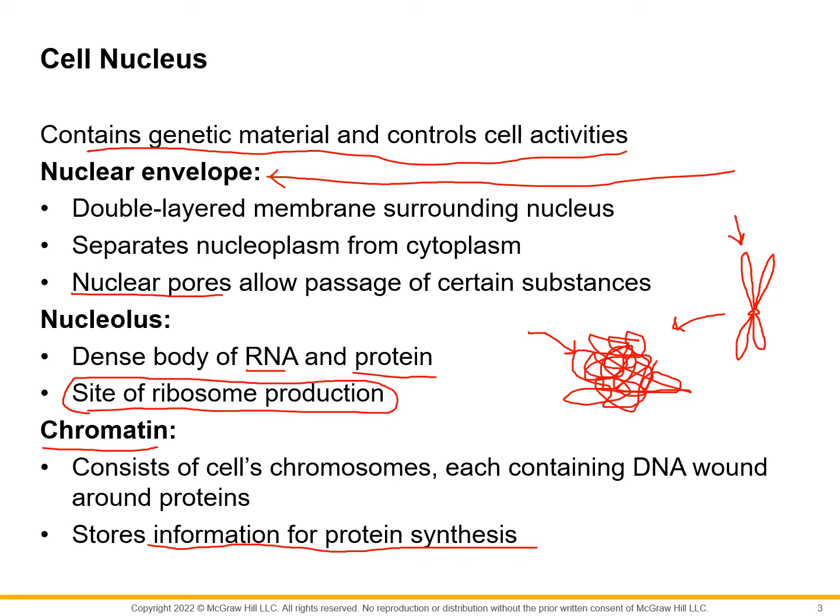So this area has the recipe on how to make proteins, and then the nucleolus is where we make the kitchen. The ribosomes are the kitchen where proteins are made. So we've got the recipe in the form of chromatin inside the nucleus, and the area that helps us make kitchens to make the proteins is called the nucleolus.